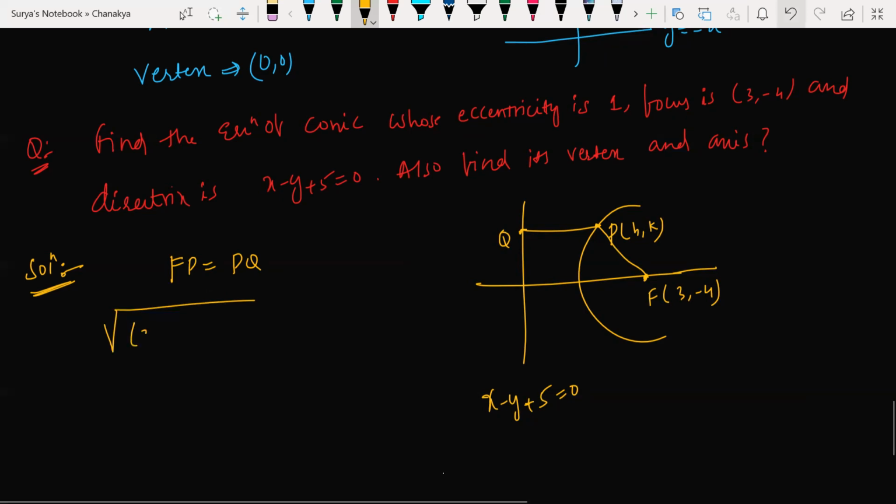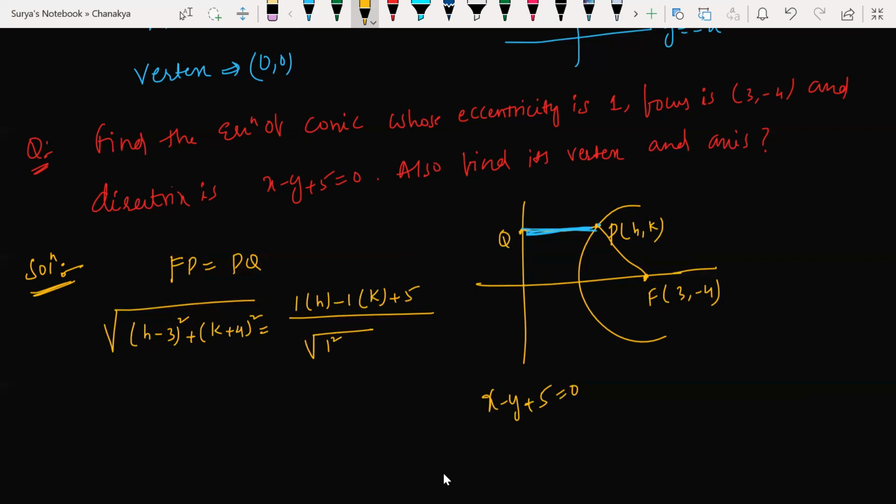So the square root of (h minus 3) whole square plus (k plus 4) whole square is equal to PQ. What is PQ? PQ is the distance from the point to the directrix, the foot of the perpendicular. What is the distance formula? It is |Ax1 plus By1 plus C| divided by the square root of A square plus B square.